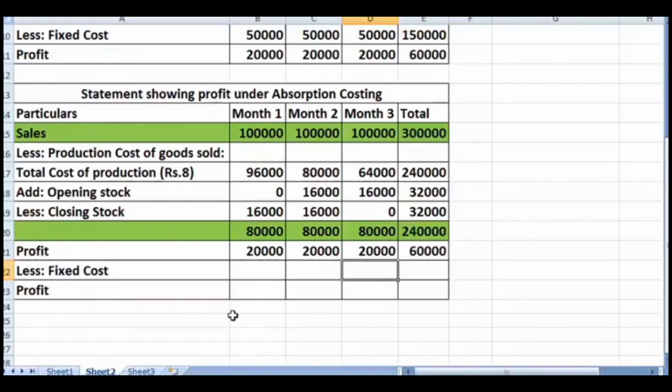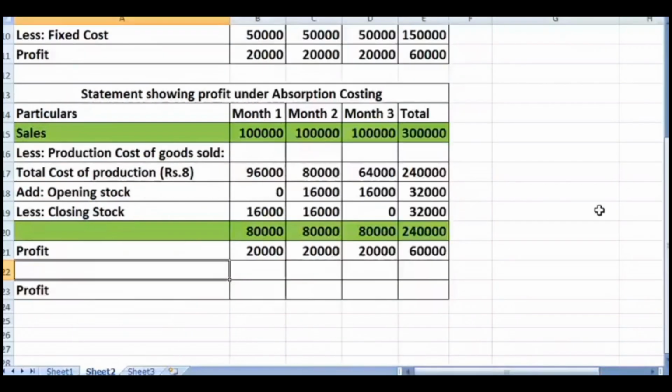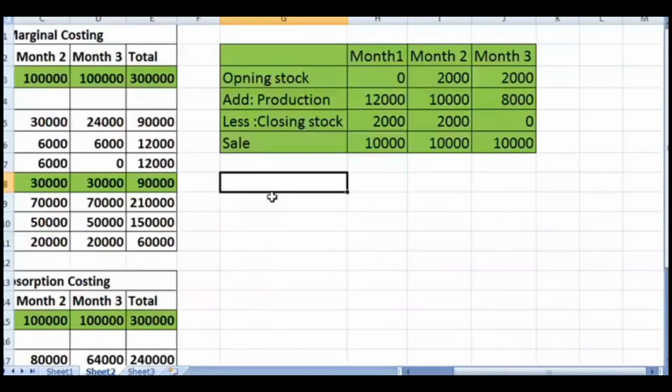Now the effect of under absorption and over absorption. Under recovery and over recovery of overhead is required. So how do we calculate under and over recovery of overhead? Let's see here. Under or over absorption of overhead.